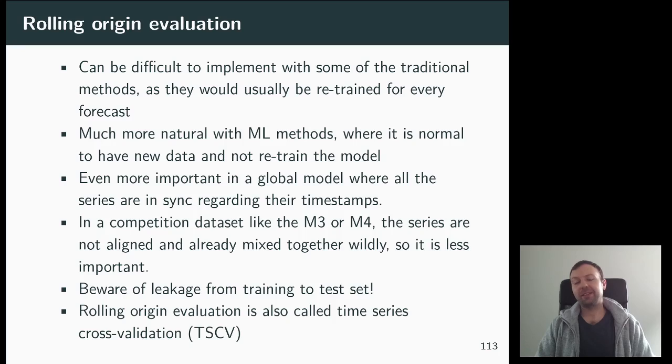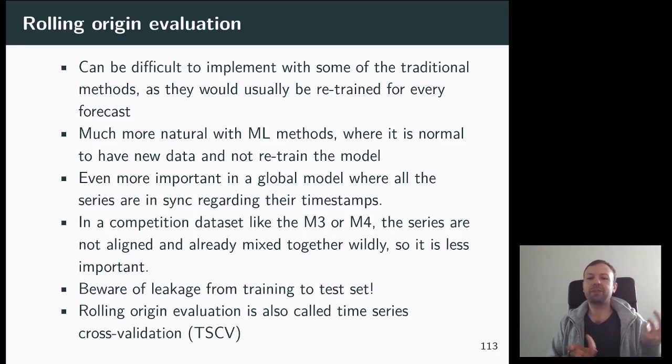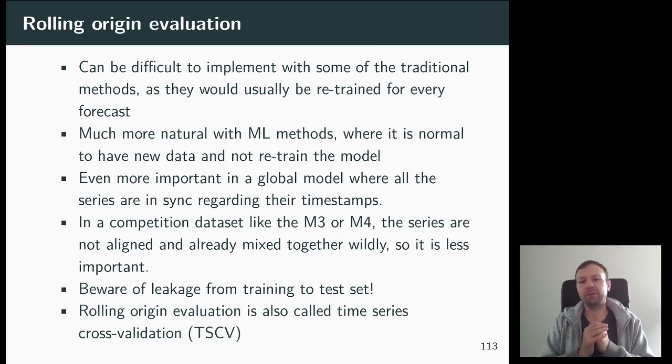It has happened to me, it has happened to pretty much any forecaster I know, that at some point you just get a very good forecast and it's just that you did something wrong and evaluated something again, and you only did a 2 step ahead forecast but you wanted to do a 5-step ahead forecast, and just for some reason you were feeding in data from before. So yeah, data leakage can be quite a problem in this rolling origin evaluation. And also this type of rolling origin evaluation, as I've shown, is sometimes called time series cross-validation.